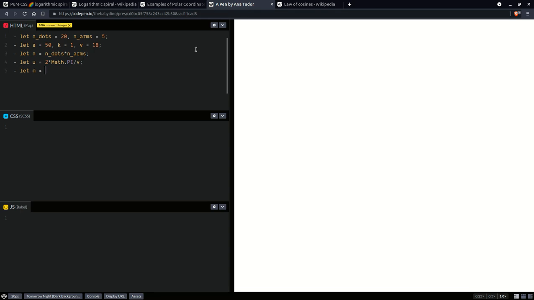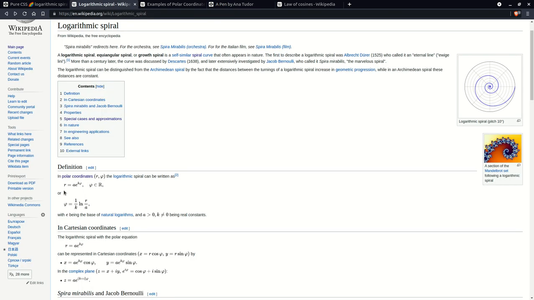So knowing that, we are going to compute a few more things. First, we are going to compute e to the power k times the unit angle. And that's because, let's get back here to this formula right here.